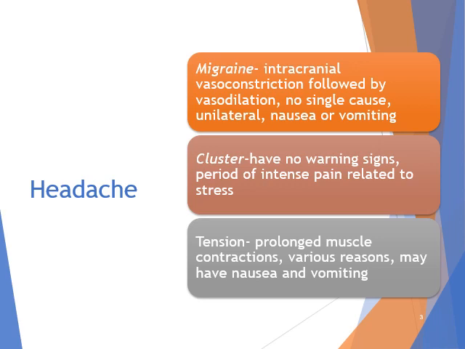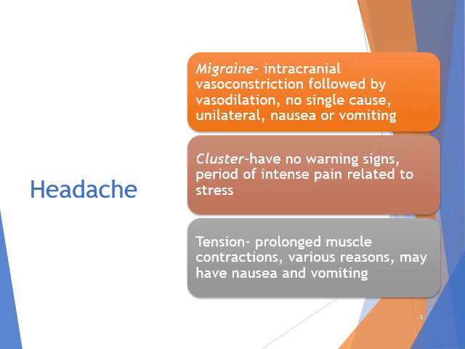Maybe it's doctor prescribed or over-the-counter medication, and some of the medication had caffeine in it because of the vasoconstriction followed by vasodilation, and we know that caffeine is a vasoconstrictor. So once you get that migraine, sometimes caffeine would help.